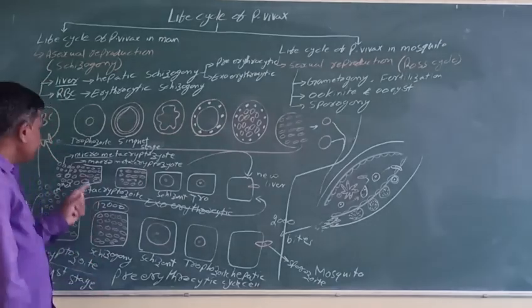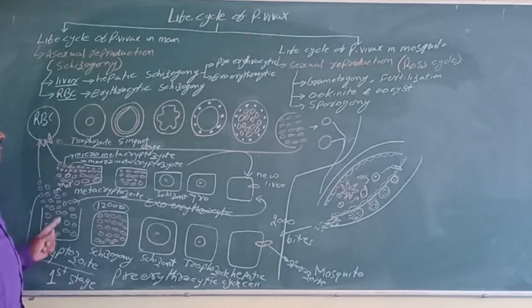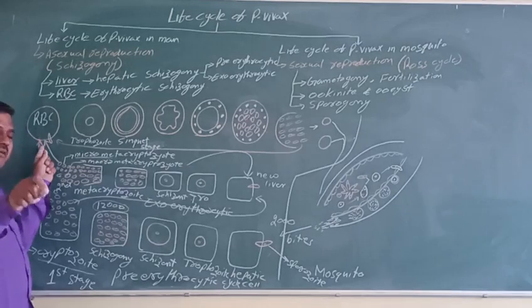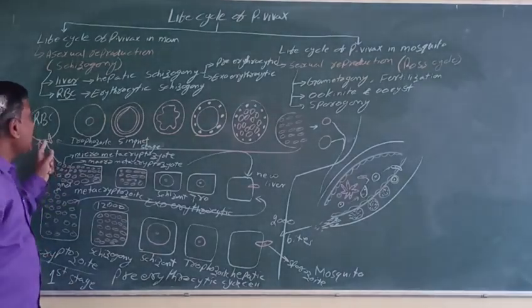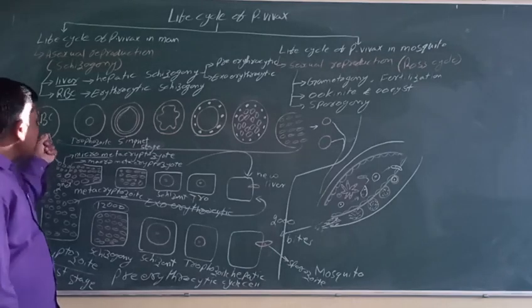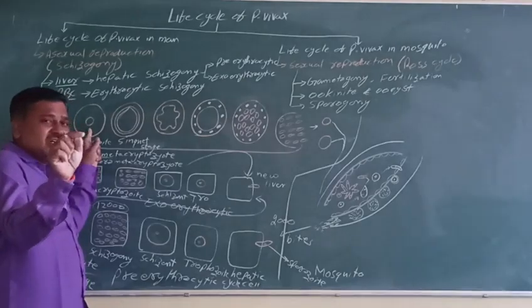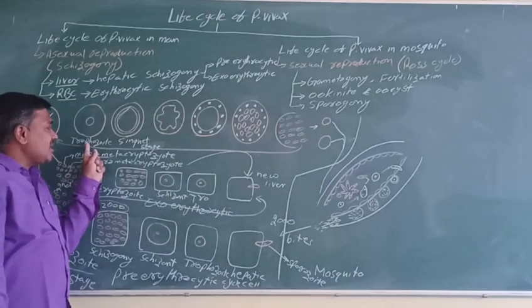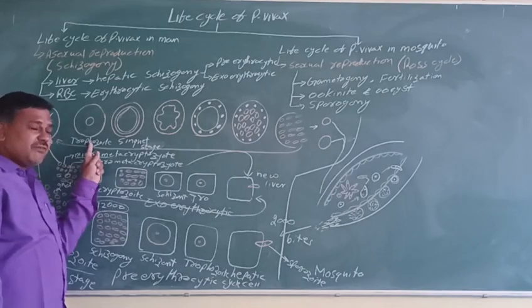What I told? Micrometacryptozoites and cryptozoites go into the blood vessel, attach to the RBC and infect the RBC. As they enter inside the RBC, they change their structure. This stage is called a trophozoite.